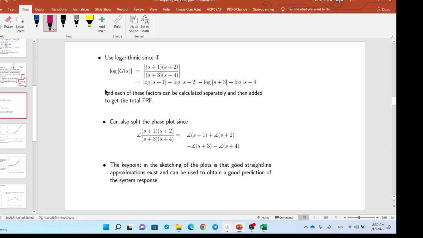So when you apply the log scale to the transfer function, you can easily decompose into the sum of several factors. Okay, and for the phase, interestingly, for complex number, if you have several factors, when you want to compute the phase, you can just split in the sum manner. Okay, very similar to the log of magnitude.